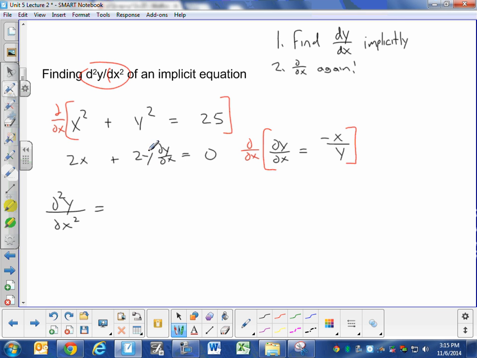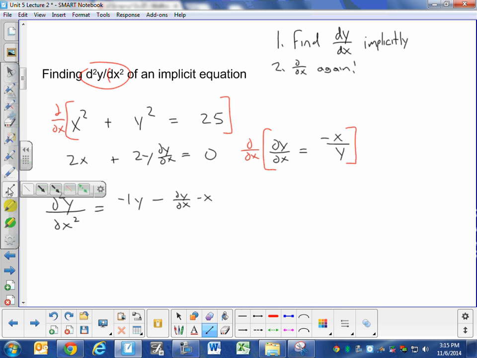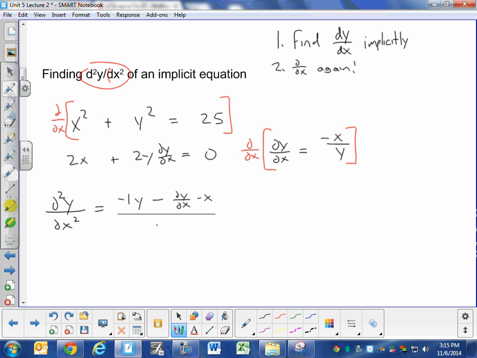F prime g minus g prime f all over g squared. That's it. That's the second derivative.